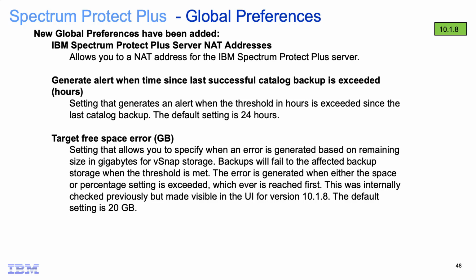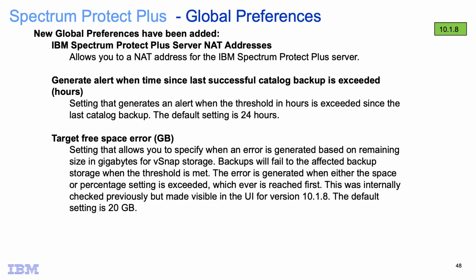We've added quite a few or changed some of the global preferences. We now allow you to set a Spectrum Protect server NAT address for an IBM Spectrum Protect server. We now allow you to generate an alert when time since last successful catalog backup is exceeded, and you saw that alert earlier in the presentation.